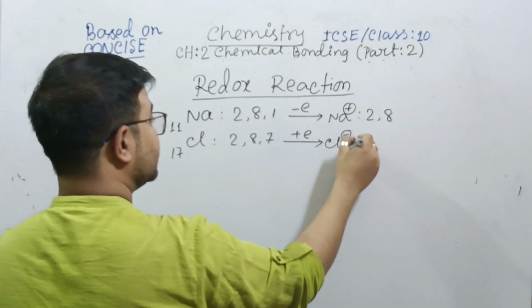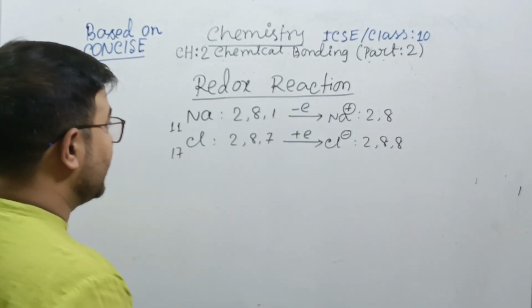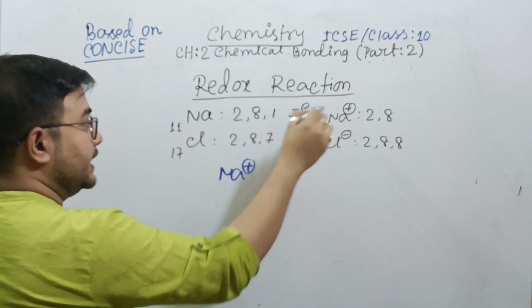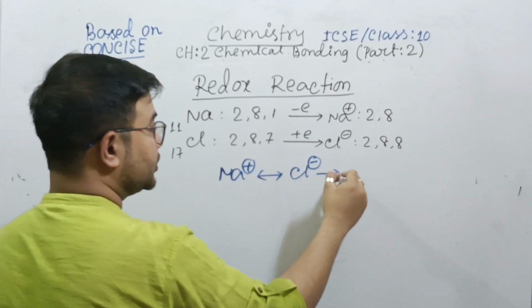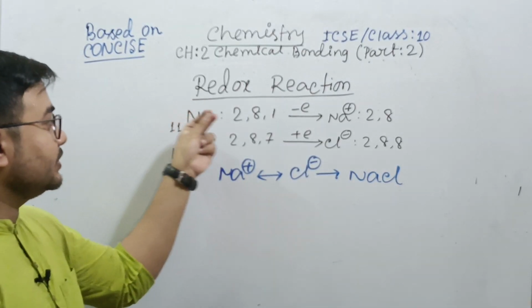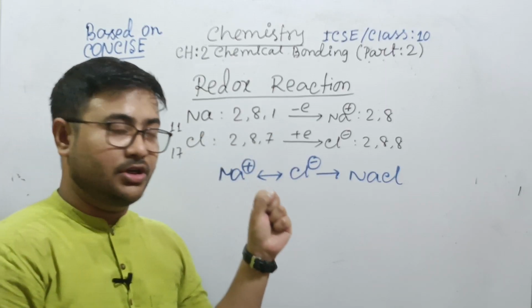So Cl minus is 2, 8, 8. Done. So now, during the formation of NaCl, Na plus and Cl minus come close to each other. Na tries to lose an electron and Cl tries to accept an electron.